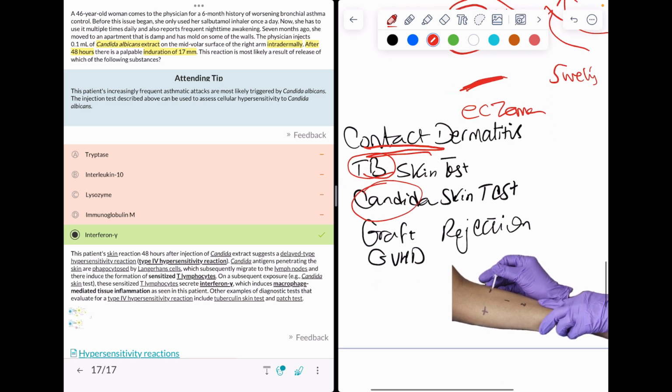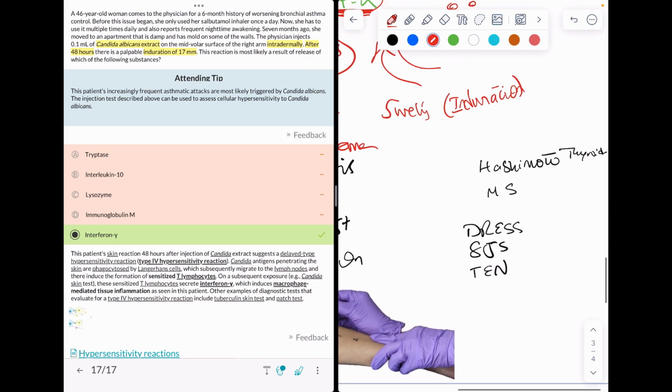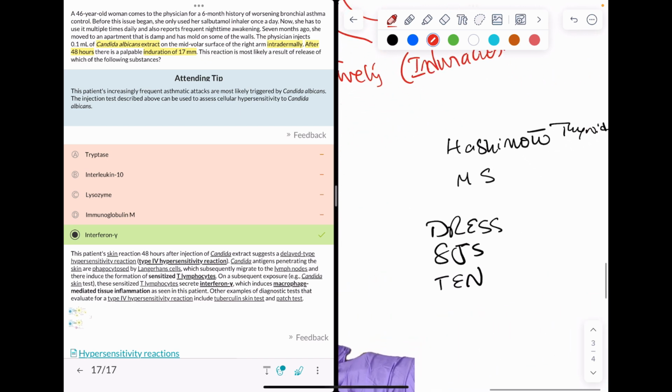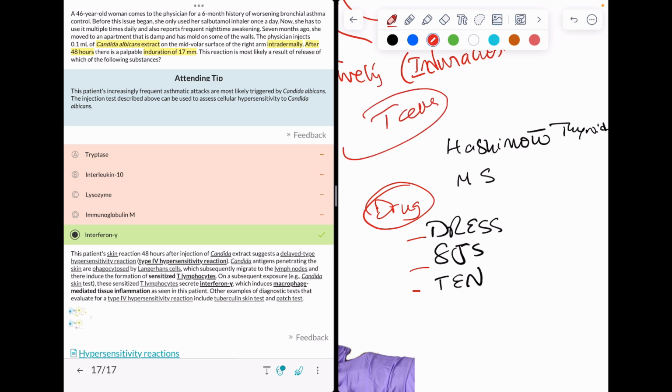Now, this is the mechanism behind graft rejection as well, guys. And this is the mechanism behind most drug reactions. When you find drug reactions that are not serum sickness, it's most likely a type 4 hypersensitivity like Stevens-Johnson, toxic epidermal necrolysis, all this stuff. Anything involving T cells on site.